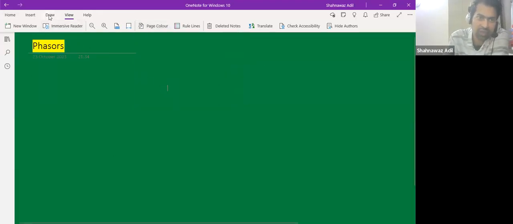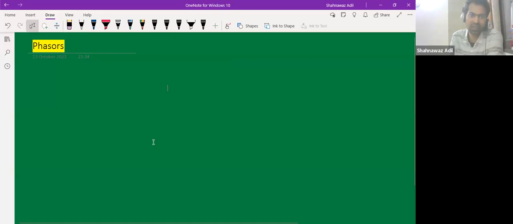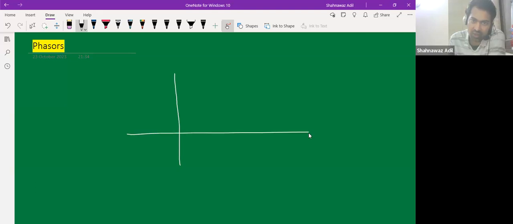Okay, so before we understand phasor and phasor diagram, let me talk about the resolution of vectors. If you have a Cartesian plane, and this is the vector that you have, making an angle theta, this vector has a magnitude, let's say r.